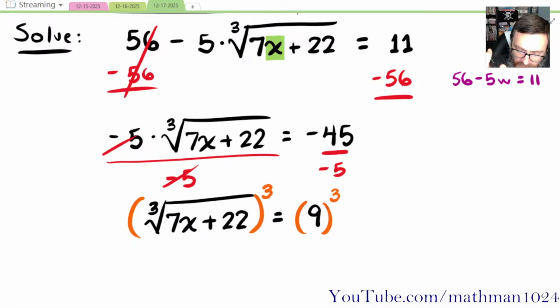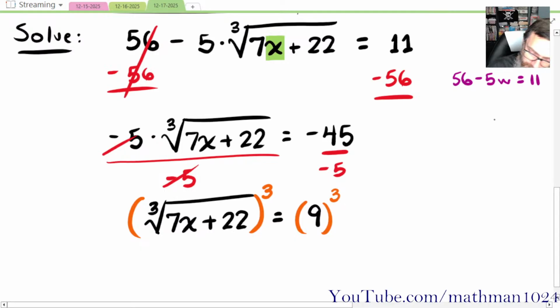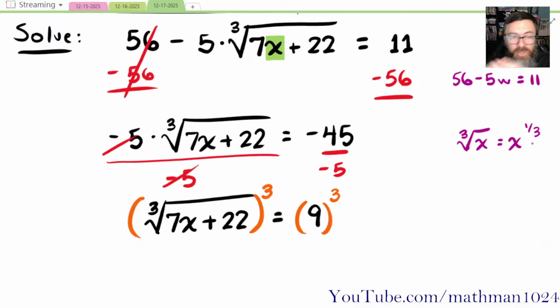When you think about when we were doing this stuff a couple of days ago with radicals, if I were to write the cube root of x, that really meant x to the 1/3 power, right? And so the opposite of the 1/3 power would be raising to the third power. And that's what we're doing here.